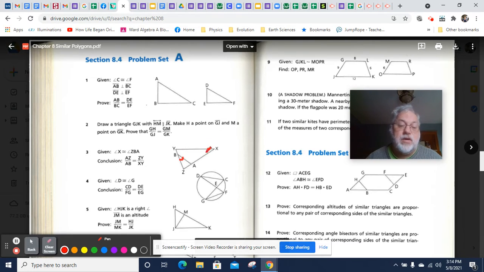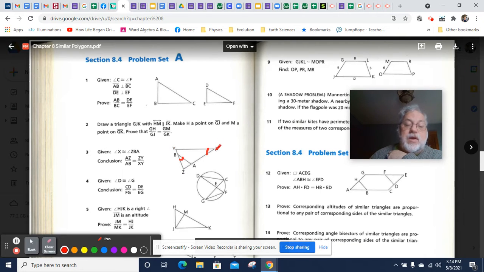And we're trying to prove that AZ, this side here, is to AB as ZY is to XY.